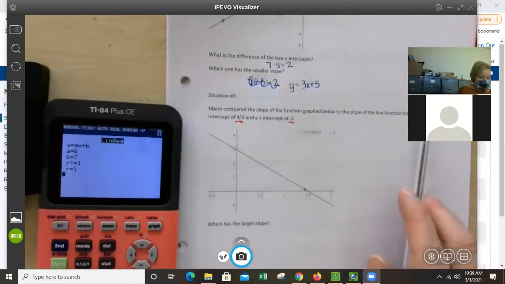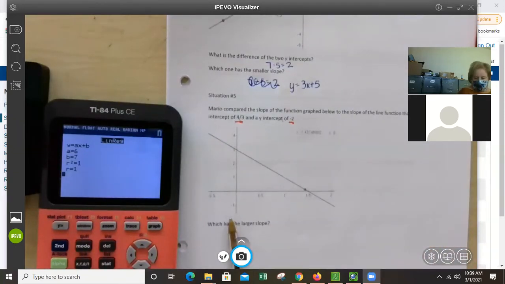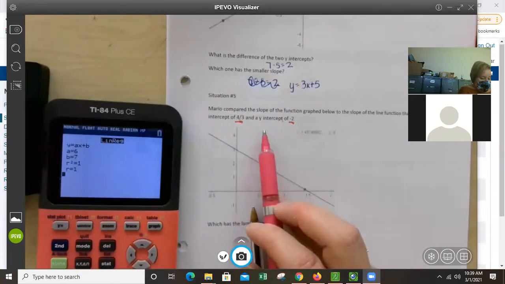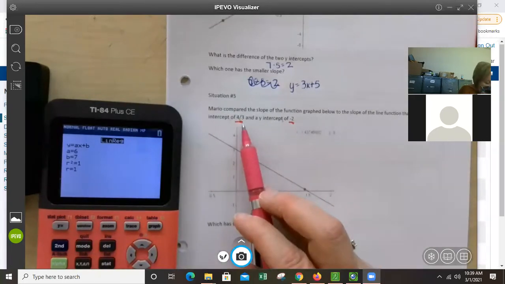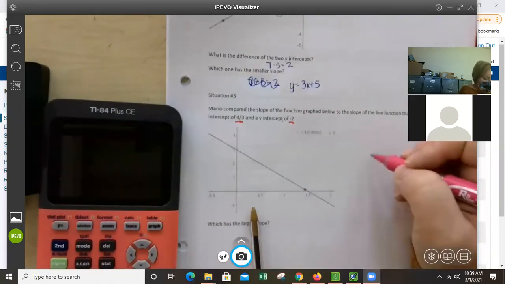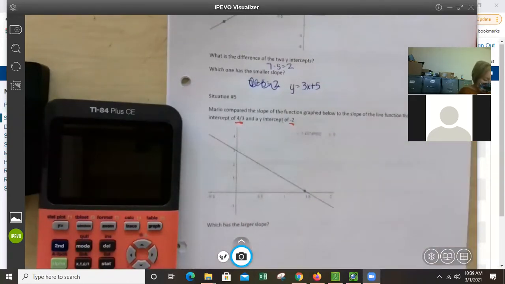What's the equation for the function with an x-intercept of 4/3 and a y-intercept of -2? It says which one has the largest slope. All right, Ms. Jones, I'm stumped on this one. I know how to find the slope of this one.